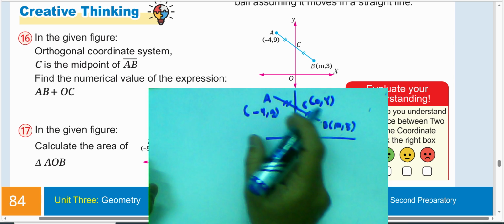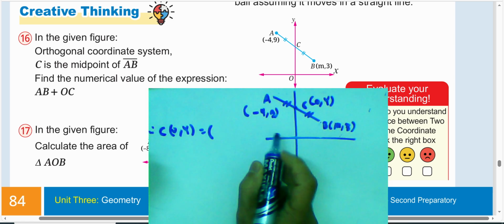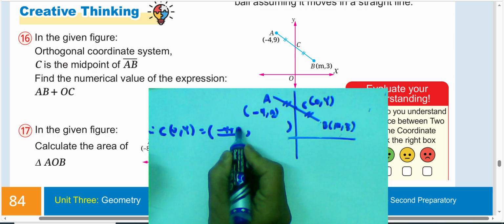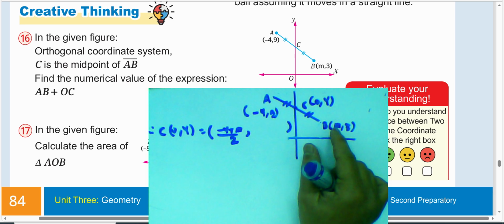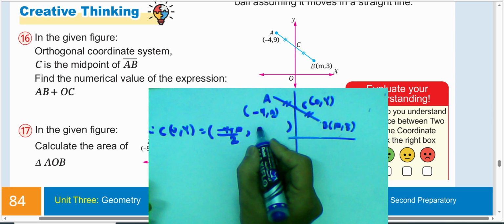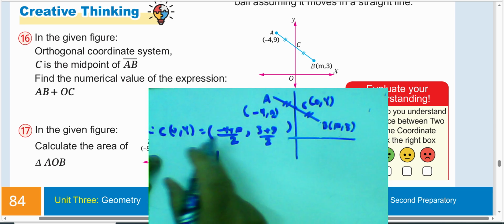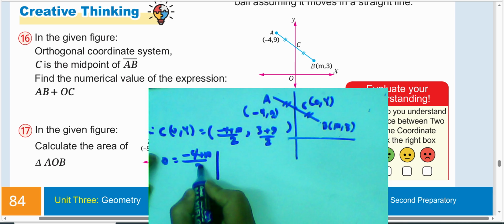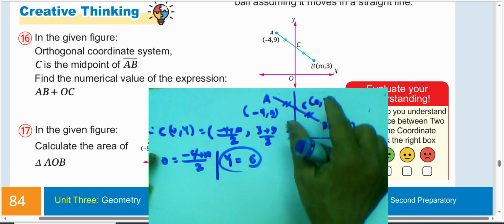C is the midpoint between A and B. Then point C (0, Y) equals (negative 4 plus M) divided by 2, because it's the midpoint, and (3 plus 9) divided by 2. Then first equals first and second equals second. Then 0 equals (negative 4 plus M) over 2, and Y equals (3 plus 9) divided by 2, which is 6. Then Y will be 6.